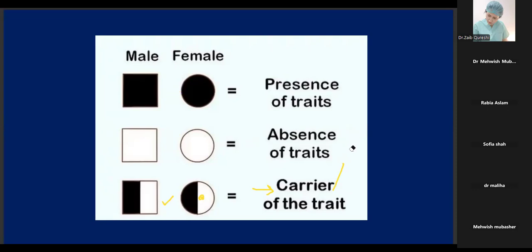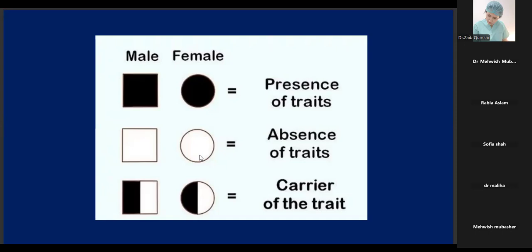If the shape, circle or square, is fully shaded, like the first situation, the person will be showing the disease, the presence of disease in his phenotype. If it is empty, with no color inside the circle or square, there will be no disease at all.